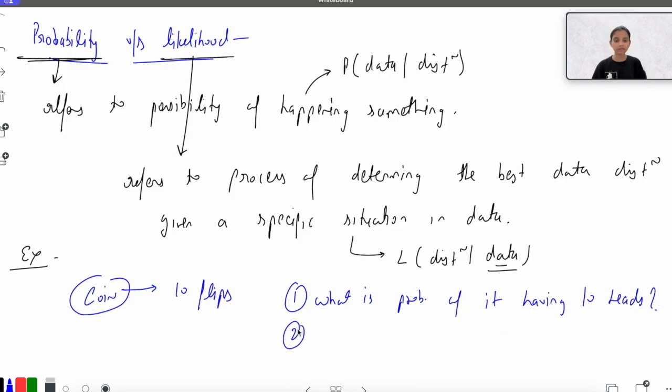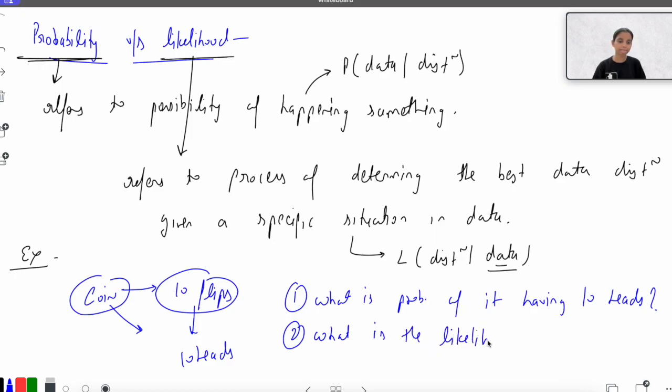Now the second thing: if you are flipping a coin and you get 10 heads, then the likelihood answers a question like this: what is the likelihood that the coin is fair?